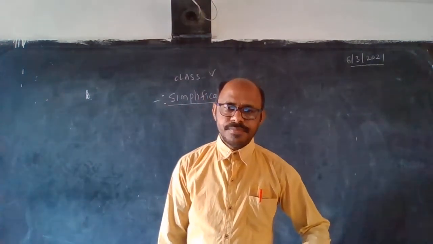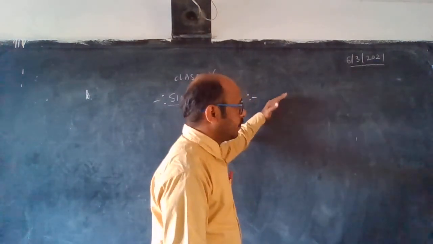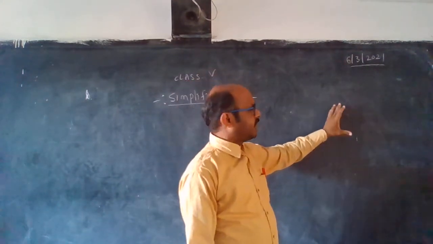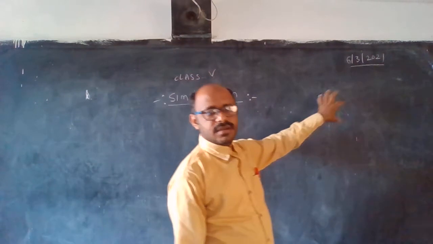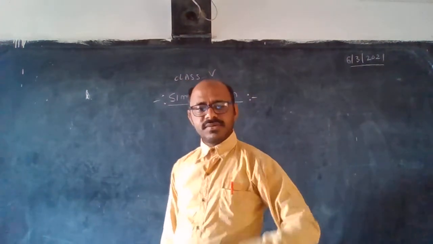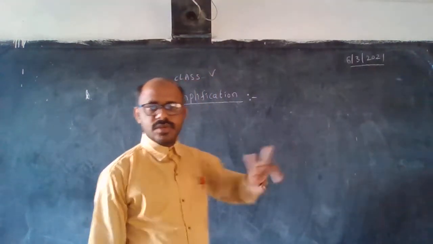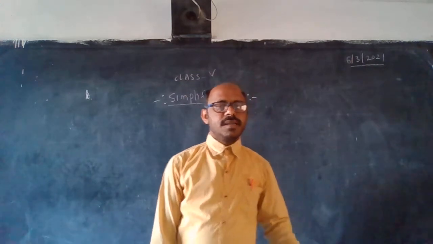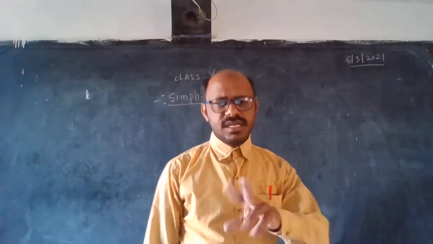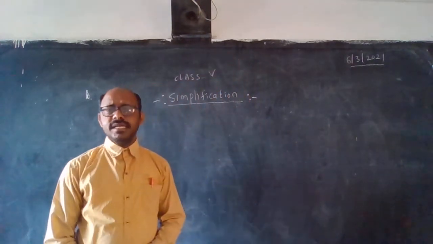If we give addition, it can be 3 terms, 4 terms, 4 numbers; we add them and find one sum. Subtraction means only 2 numbers. Multiplication is also 2 numbers, with 3-digit and 4-digit numbers. Division is also the same. But in simplification, what happens?